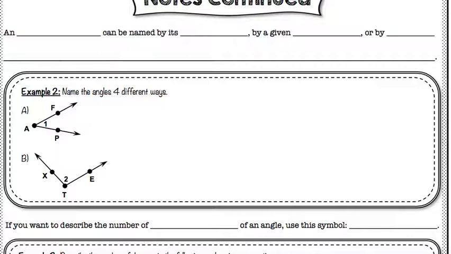Okay, let's answer a few more questions. Let's look at these notes. It says, and we're going to talk about angles. An angle can be named by its vertex, by a given number.